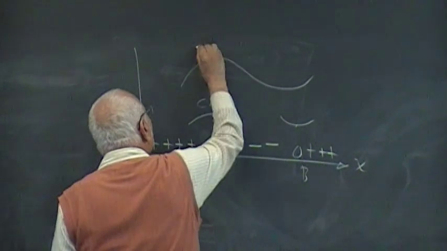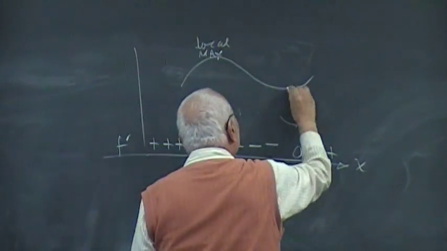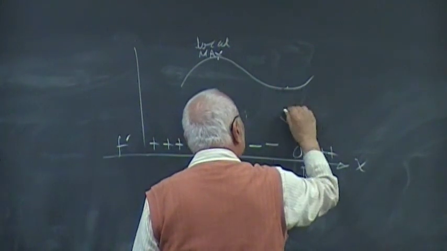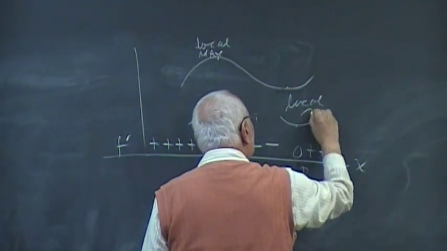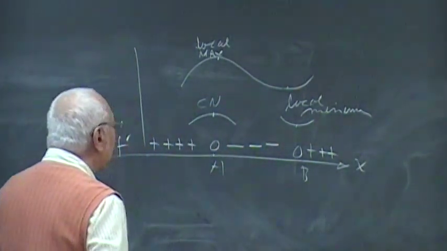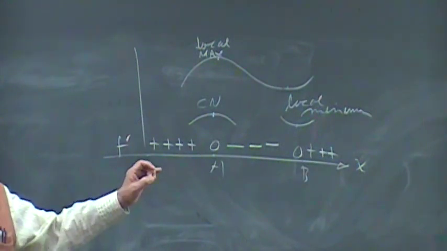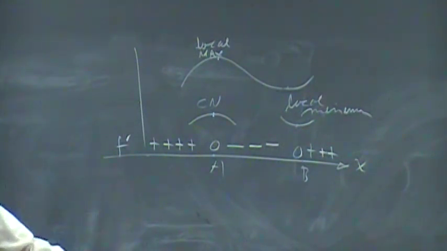This is called a local maximum, and this is called a local minimum. Singular, local maximum or local minimum. Collectively, they're called extrema. Extrema means either a local max or local min.